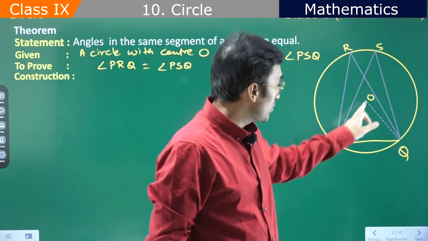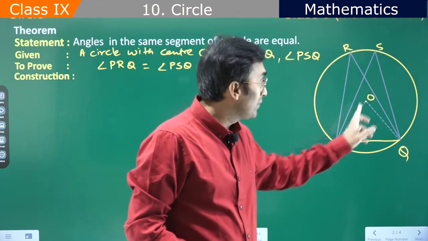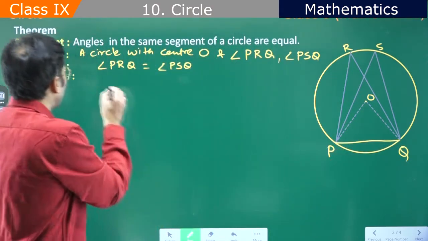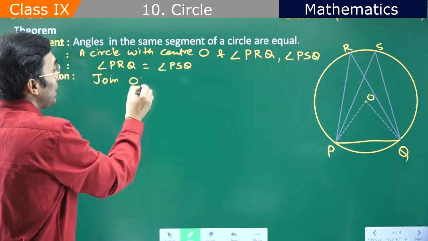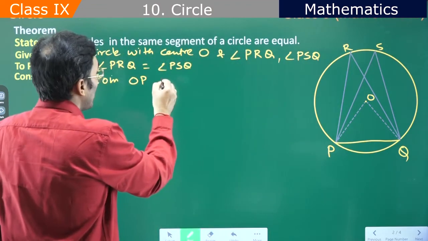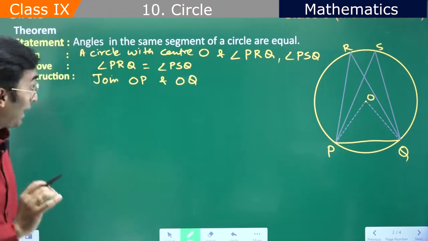See, I joined O to P, this is my construction, joined by the dotted lines, and then O to Q, we have done it by the dotted lines. So we can say the construction is that join OP and OQ.